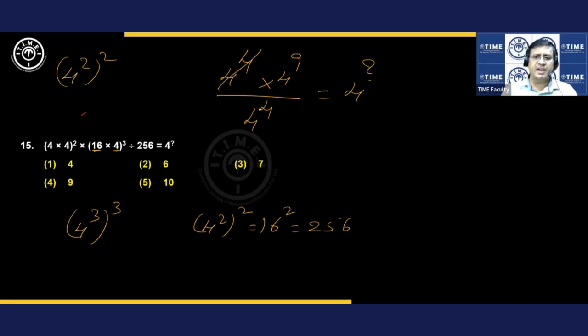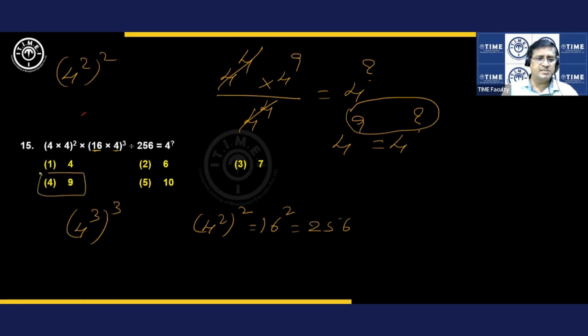What is the same on either side? 4 power 4 is the same on either side. Now what is left? 4 power 9 is equal to 4 power question mark. Bases are the same, so we can equate the powers. The value of the question mark is 9. That is option number 4. Choice 4 is the correct answer.